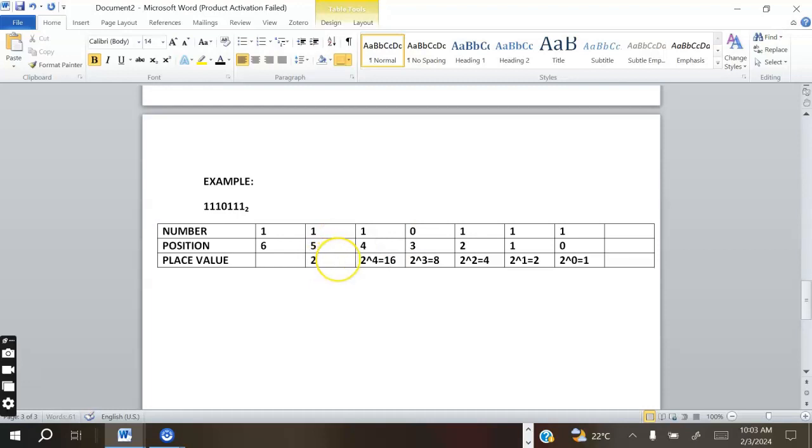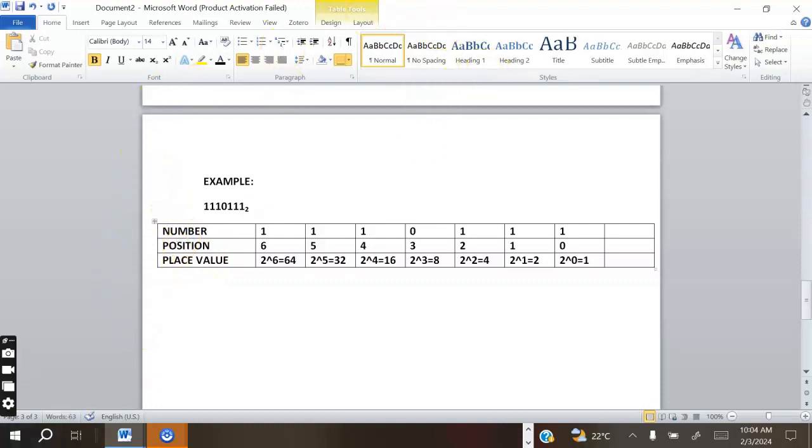Then 2 raised to power 5 is supposed to give us 32. And lastly 2 raised to power 6 is giving us 64. Okay, having done that, the next step is to multiply the place value and the number.